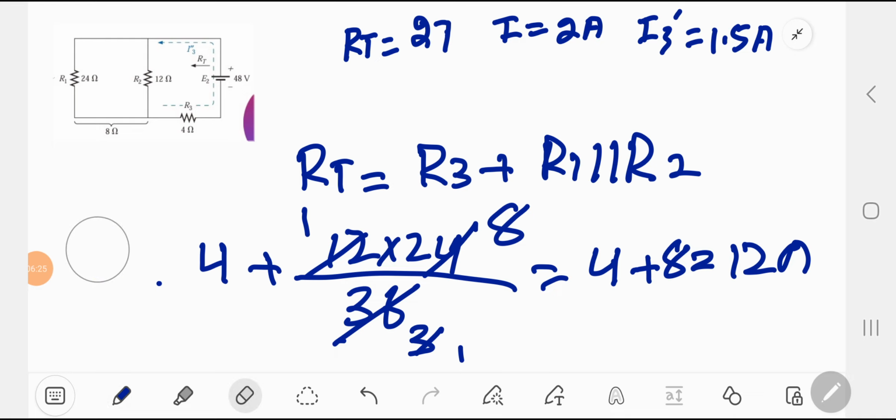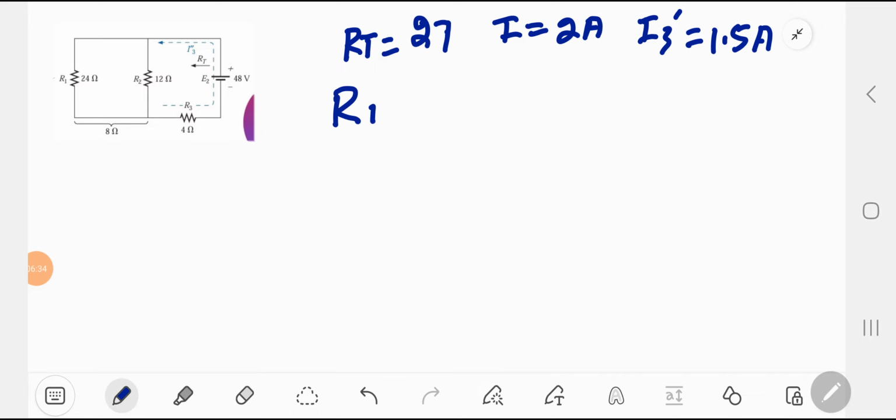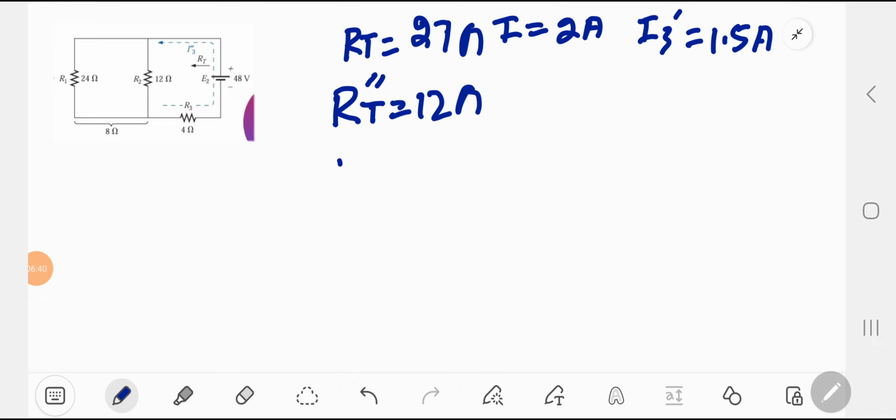So we found the total resistance, which is 12 ohm. Now for this we put a double dash and for this we put a single dash.